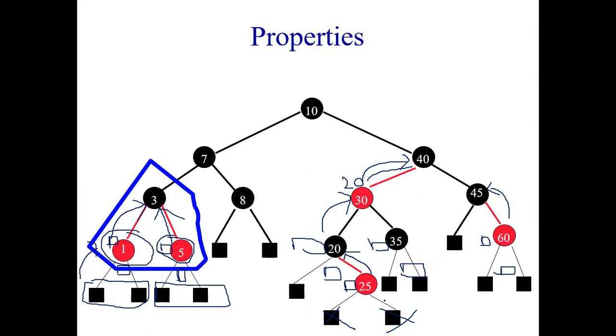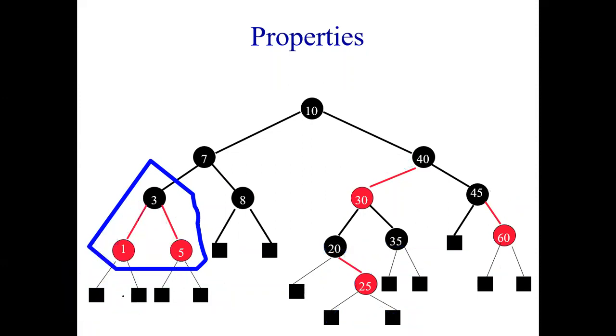The 25 has no child, but this will also merge there. So finally, all the external nodes will come to this level, and that is what that property says. So this is how the merging is happening. These two got merged here, and this got merged here, this got merged here, and this got merged here, right? Fine.